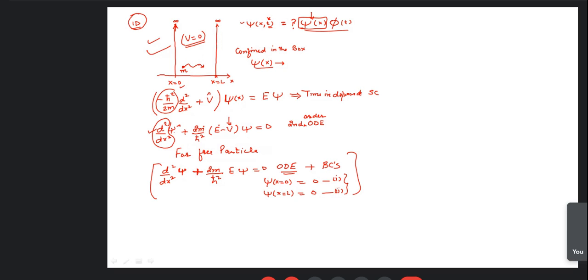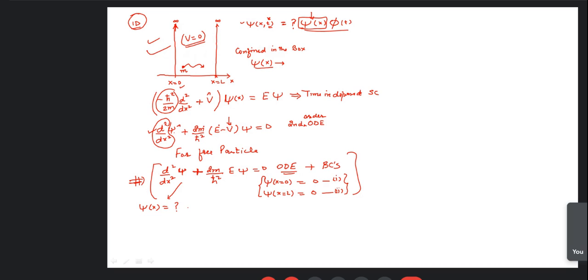So if it is in the minimum energy state, or we excite this particle to a higher energy state, what energies it will possess, all those things we can analyze if we know how to solve this ordinary differential equation. And by solving this differential equation, I can write the wave function as a function of position, the time independent wave function. So solution of this means writing the wave function with these boundary conditions.